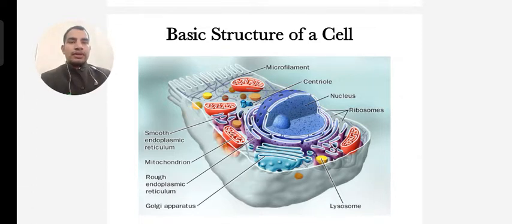It is the smallest functional unit, and there are various types of cells. A cell contains various components like microfilaments, centrioles, nucleus, smooth endoplasmic reticulum, mitochondria, rough endoplasmic reticulum, Golgi apparatus, lysosome, and various others. We will discuss the cell further.